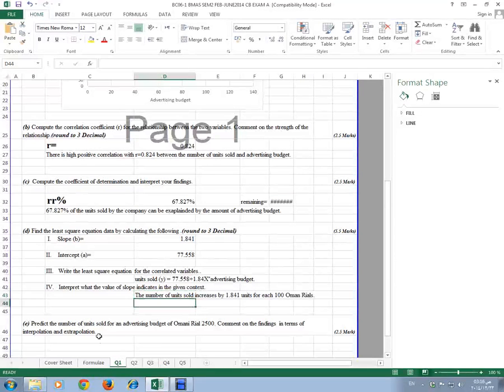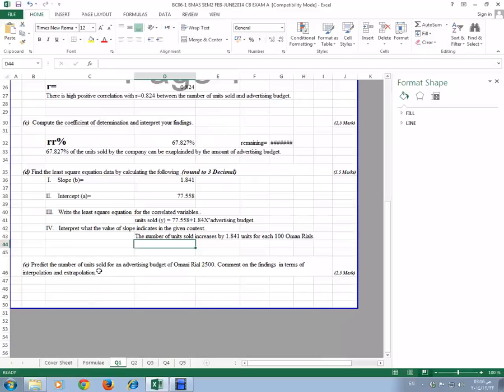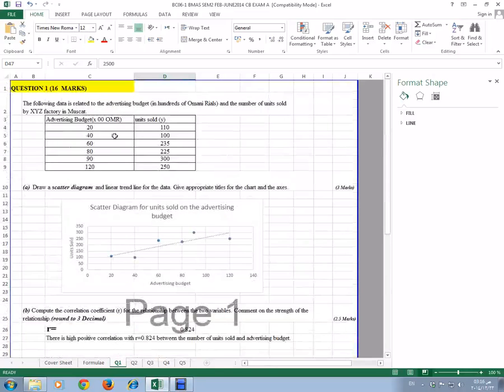The next one is to predict the number of units when the advertising budget is 2500. In the table, all the amounts of advertising are considered in hundreds, so what we calculated is for hundreds of Riyals.